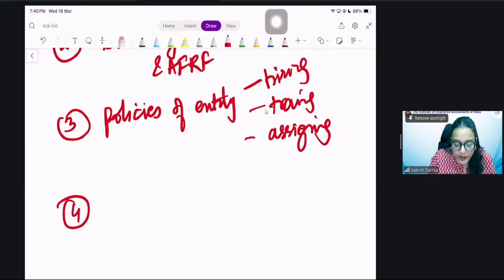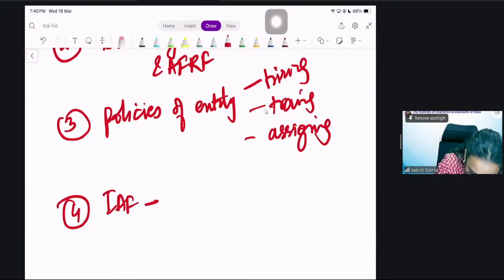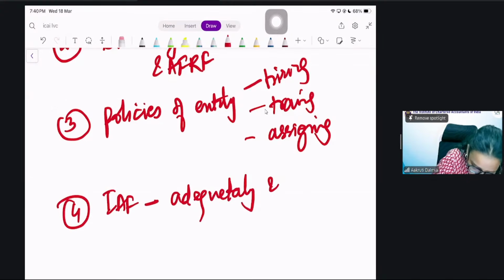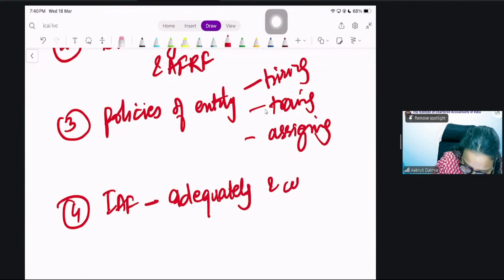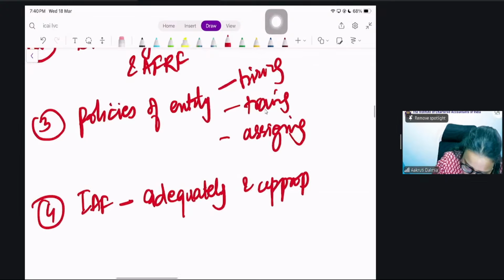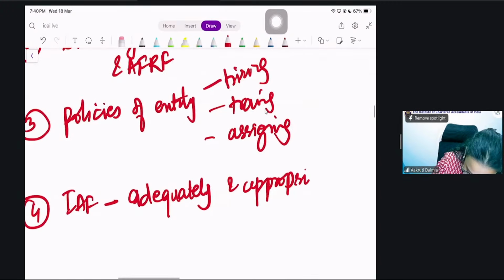And fourth, how to check if someone is competent? Whether the internal audit function is adequately and appropriately resourced.